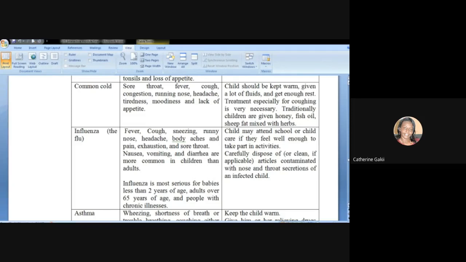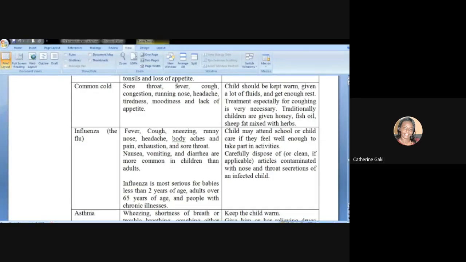Then congestion, and congestion here is chest congestion, running nose, headache, tiredness, moodiness, lack of appetite. I want to eat this and don't want to eat it anymore.